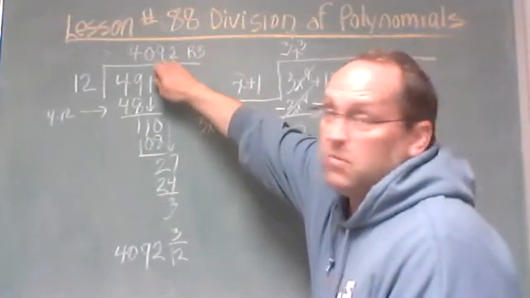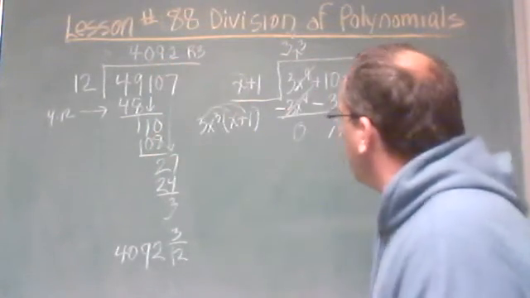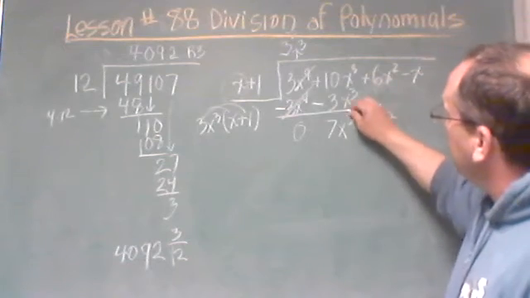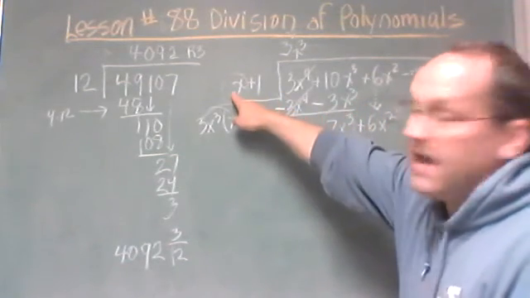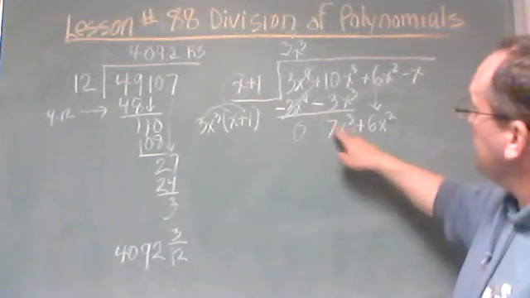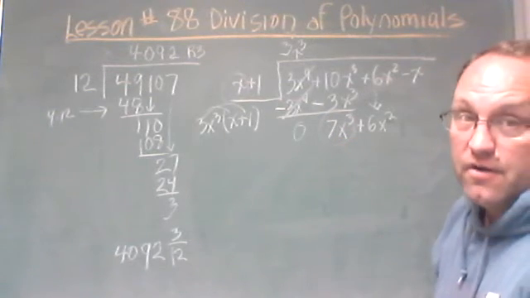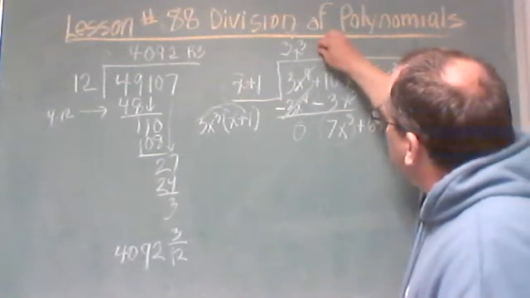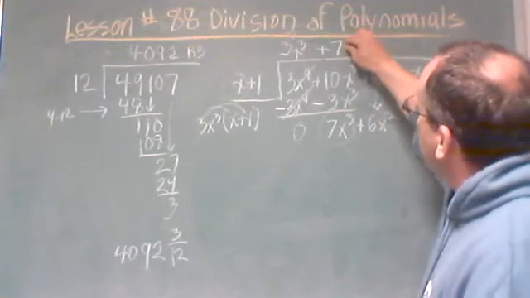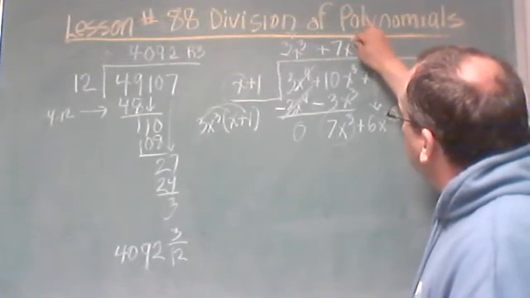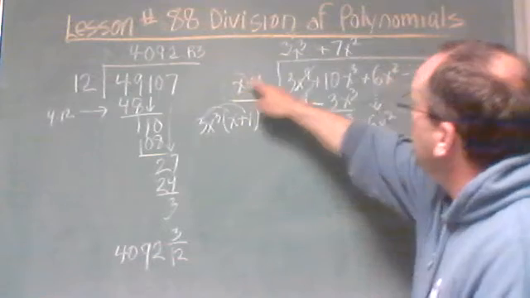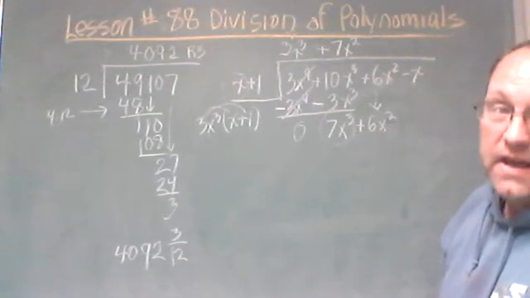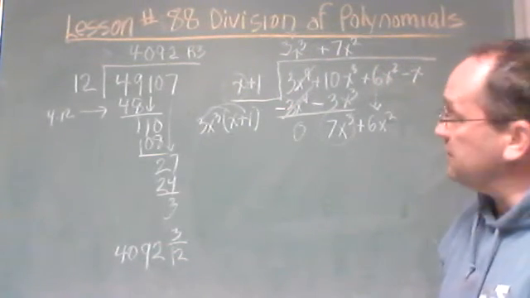For 110, I had to multiply it by 9. Over here, I only look at the first term. What must I multiply x by to get 7x to the 3rd? Well, I need a 7x to the 2nd, because x times 7x to the 2nd will equal 7x to the 3rd.